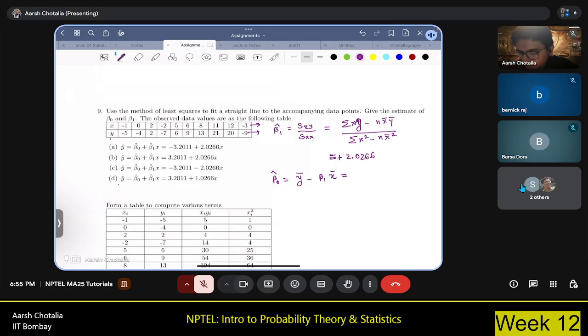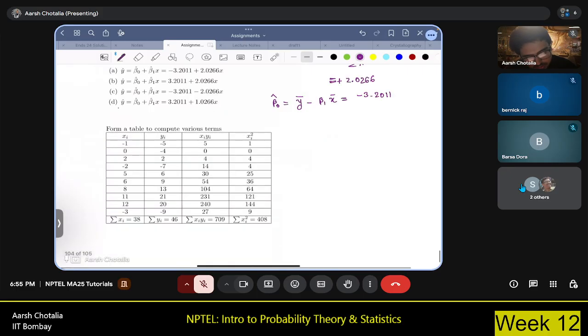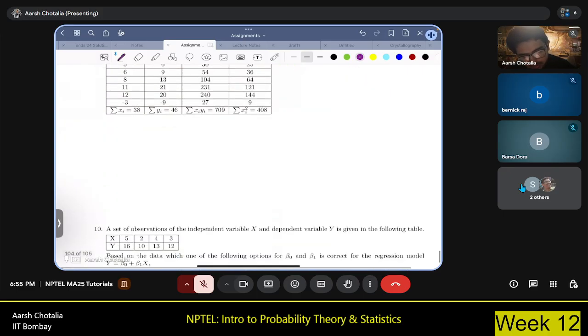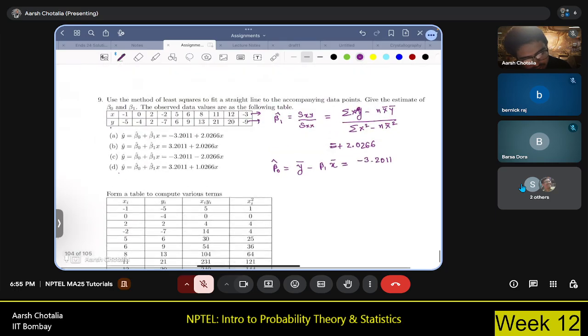So the value of beta naught that you will get is minus 3.2011. Yeah, it's done here, some of the calculations. So the answer is minus 3.2011 plus 2.026 x. So the first one. All right.